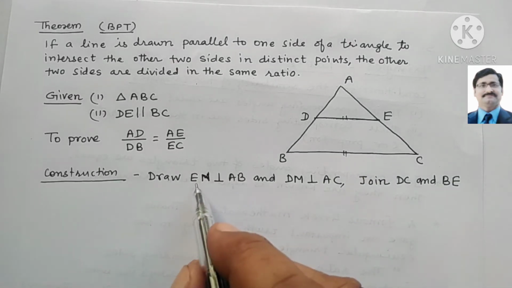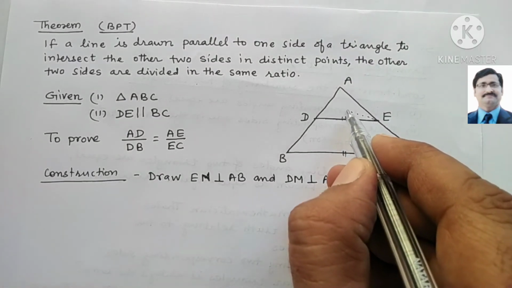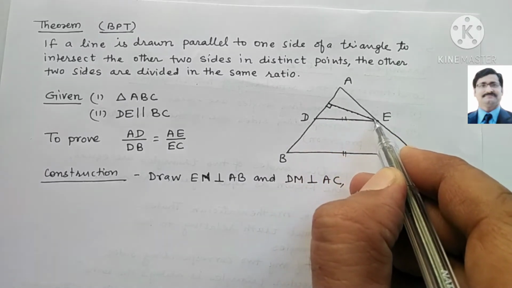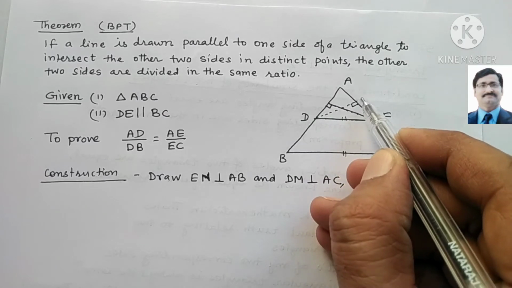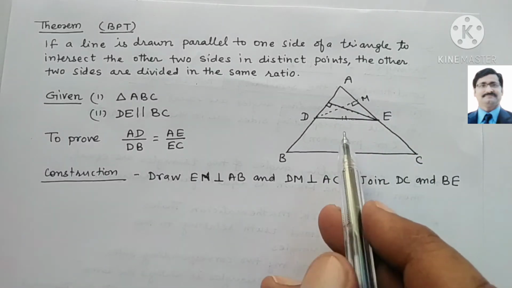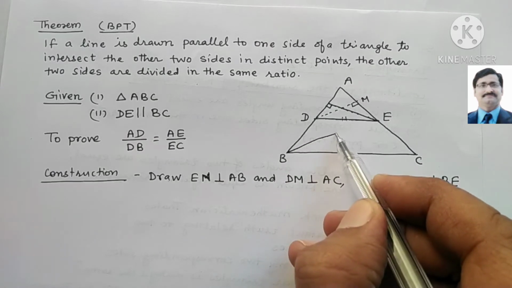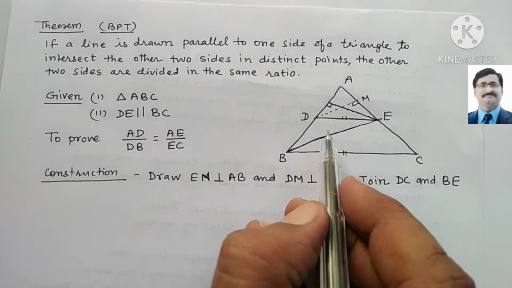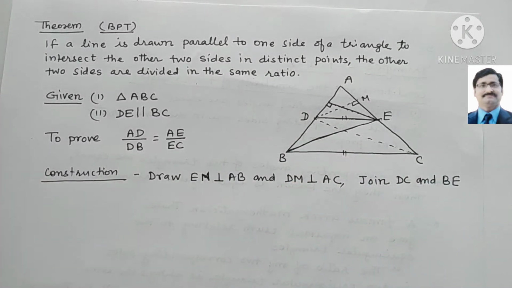EN is here, and this is perpendicular to AB. All of you understand this? One more perpendicular is here, this is DM. Now we join BE and DC. All of you understand?